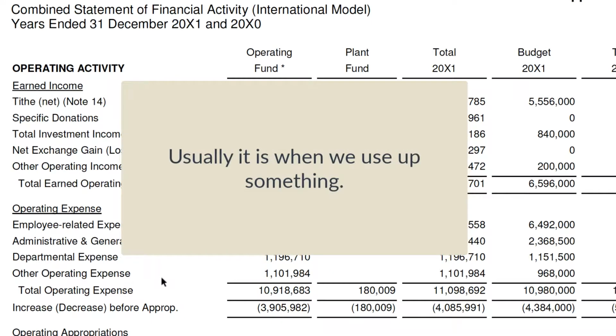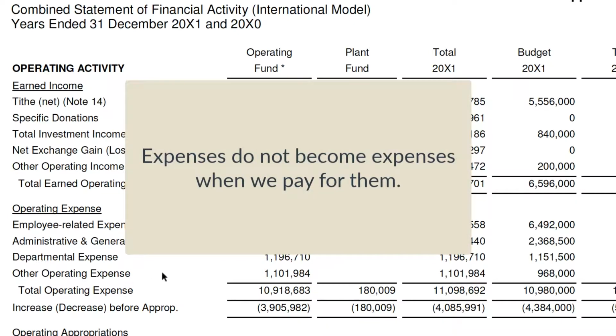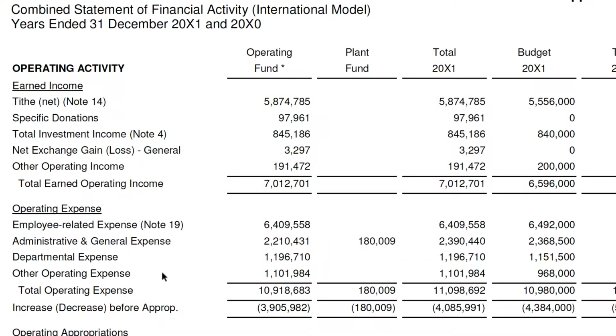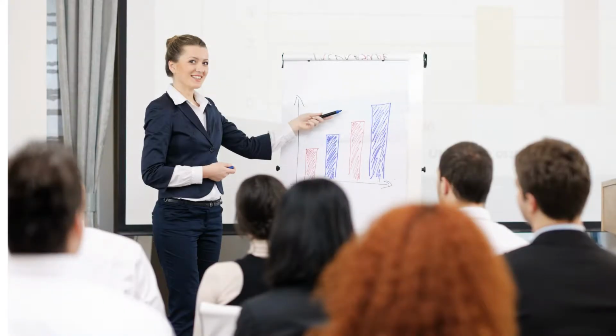Basically, we are going to record expenses when we use up something, slightly different than when we paid for it. A real good example would be over in the schools. I think it will be clearer than trying to explain it in the union, so let me just explain it over in the schools.